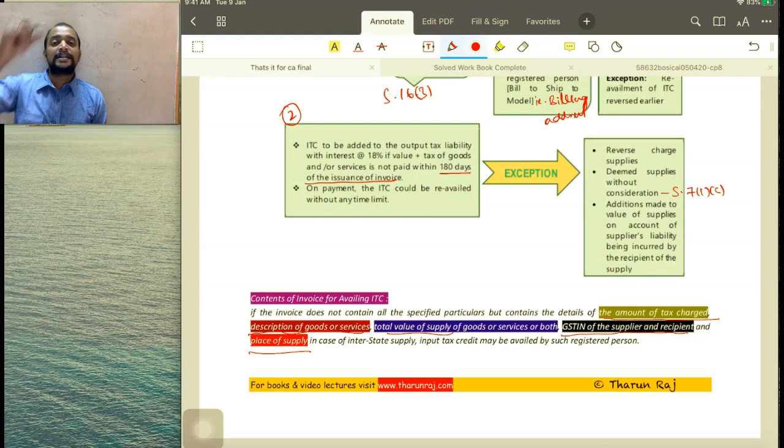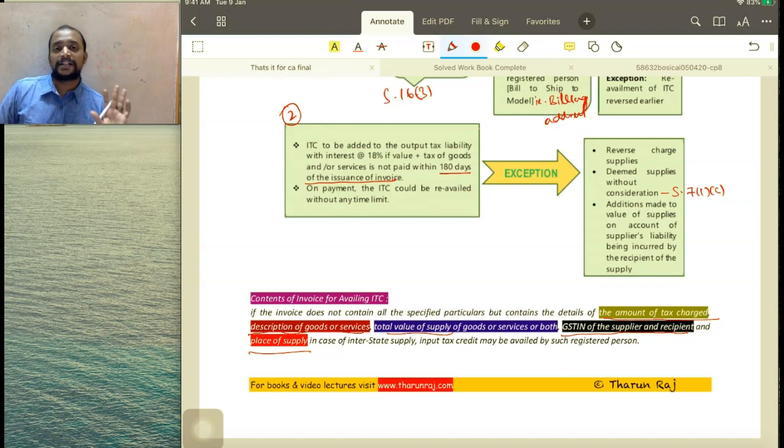So these are the components that should be there: GSTIN of the supplier, GSTIN of the recipient, thereafter the description of the goods or services, and then tax. Finally, if it is an interstate supply, the place of supply. If these minimum contents are there, then you can enjoy the ITC on that tax invoice. It need not have all the information.